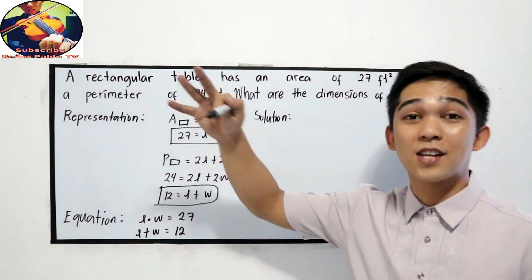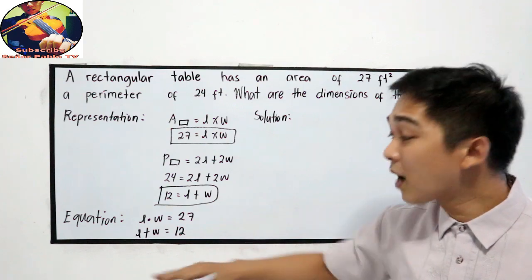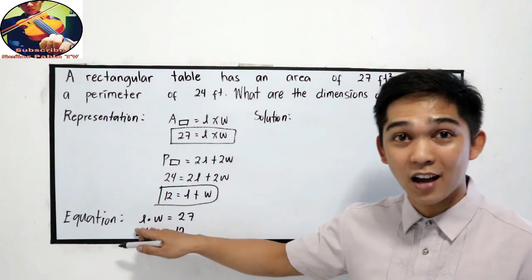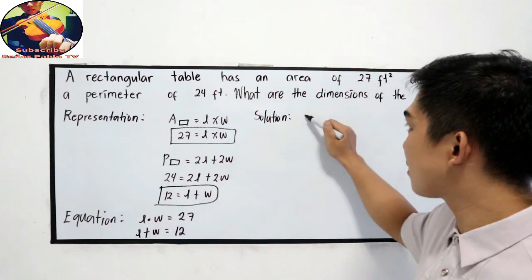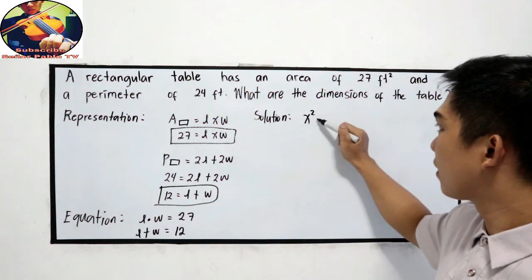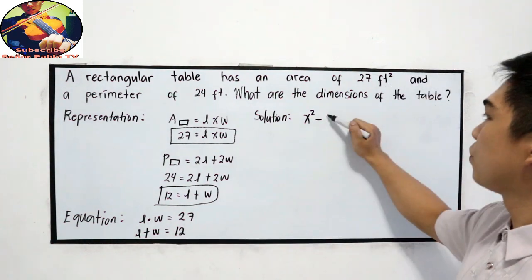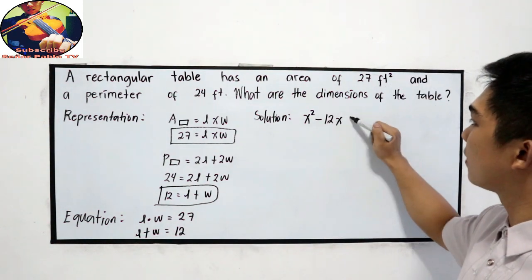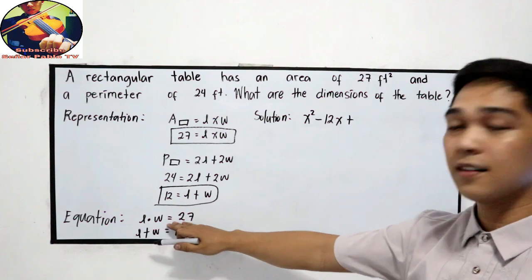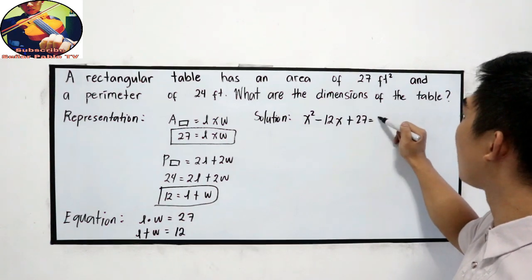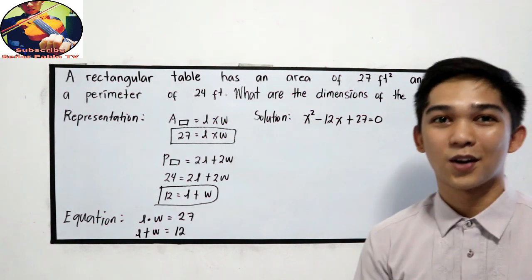Sa previous lesson natin, na-discuss natin na makakagawa tayo ng equation gamit yung ating sum and product. So x squared minus yung ating sum, which is 12x, plus yung ating product, which is 27, is equal to 0.